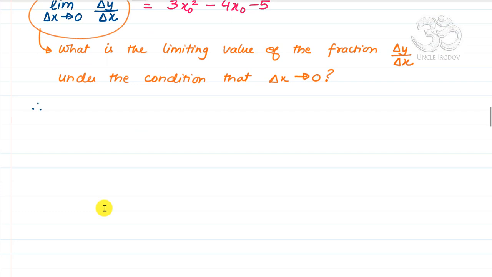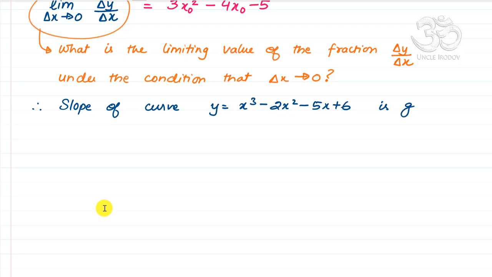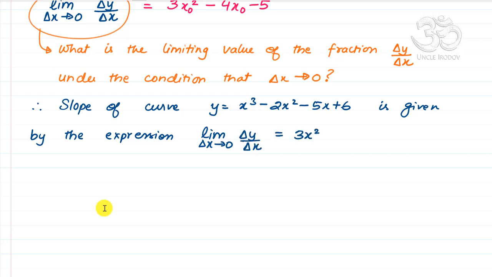Therefore, the slope of the curve y equals x cube minus 2x square minus 5x plus 6 is given by the expression: in the limiting case delta x tends to 0, delta y divided by delta x is equal to 3x square minus 4x minus 5.